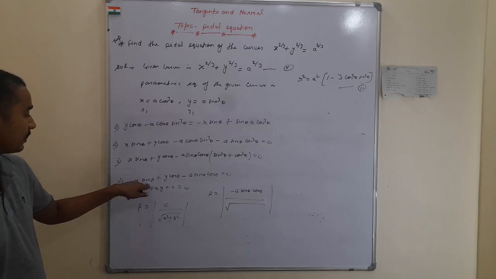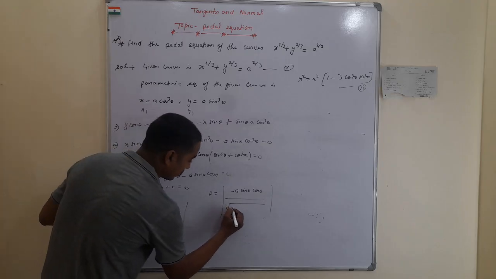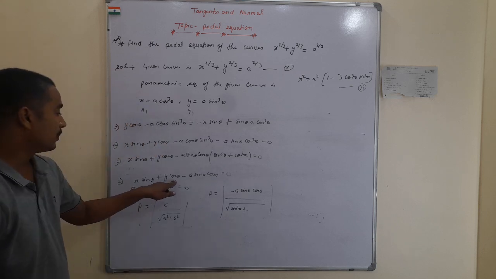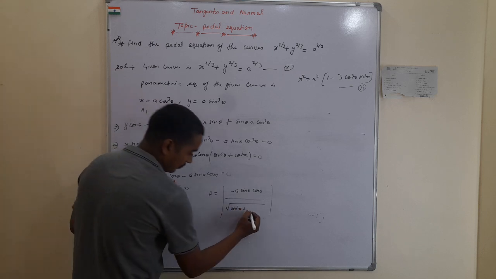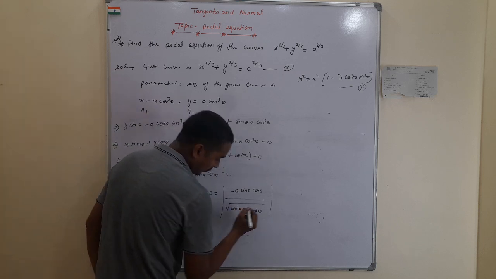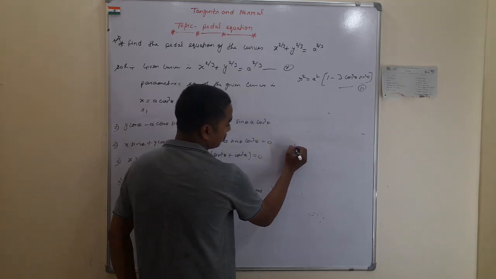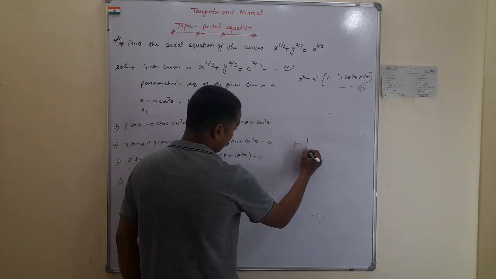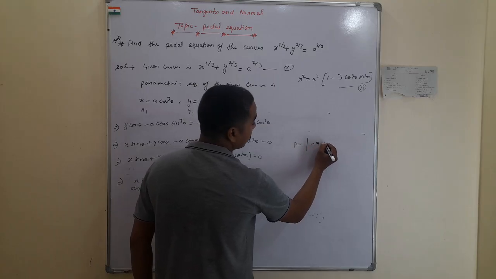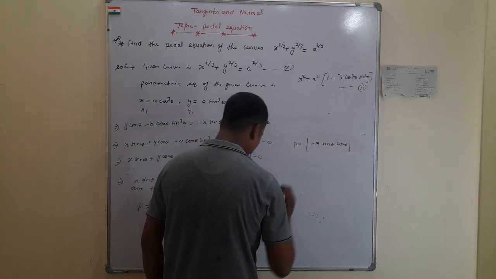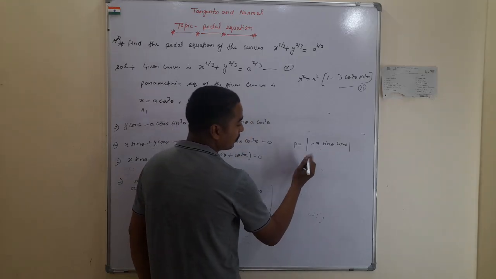Coefficient of x in the given equation is sin theta. This gives sin square theta plus coefficient of y, which is cos theta, this is cos square theta, and we know that sin square theta plus cos square theta is 1. This gives p is equal to mod of minus a into sin theta into cos theta. And we have to remove the mod.